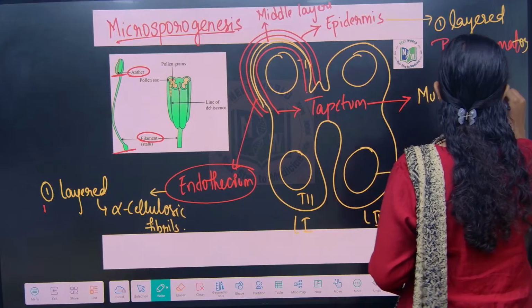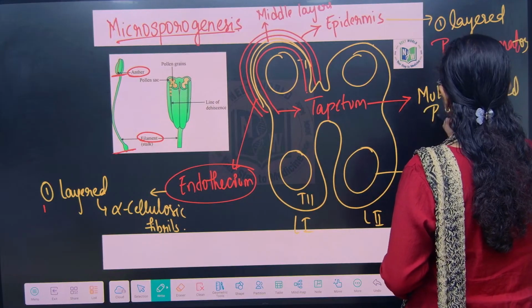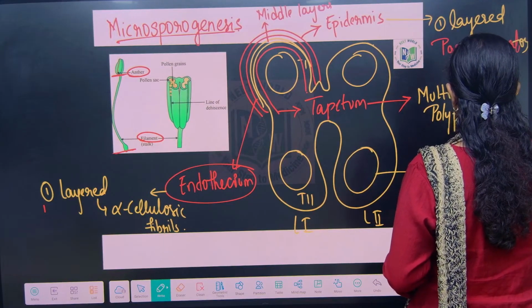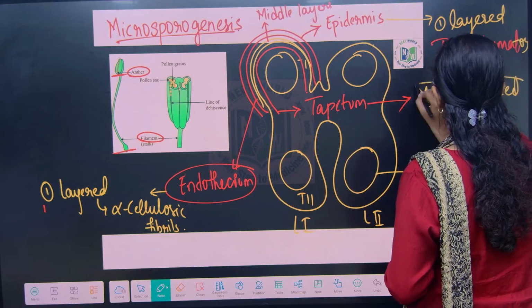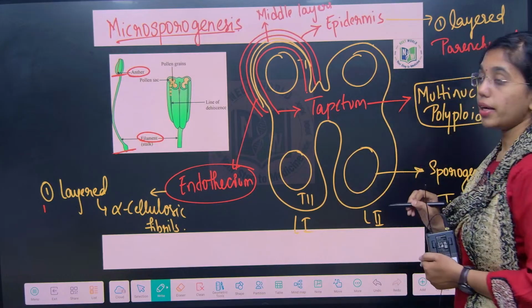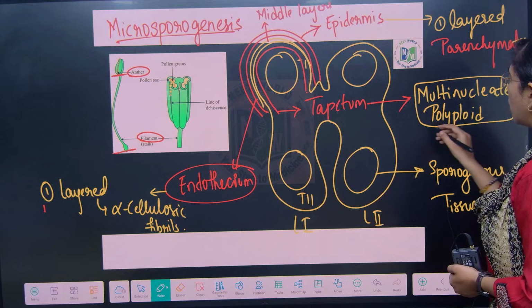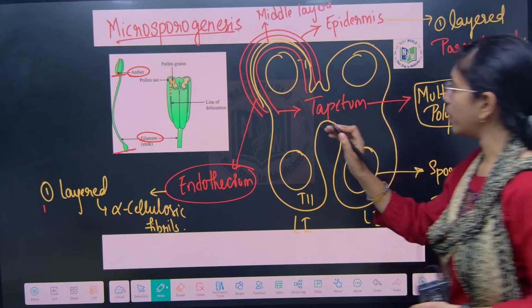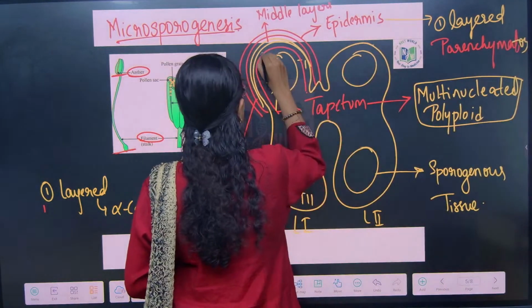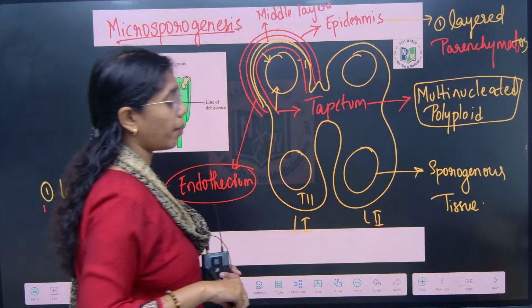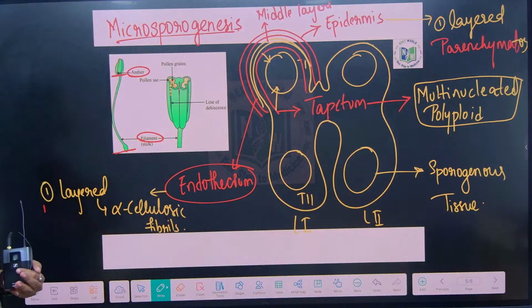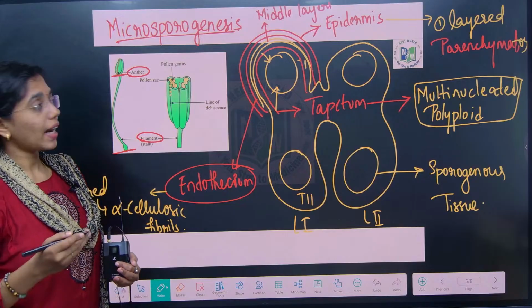It is multinucleated and polyploid because it provides nourishment to the sporogenous tissue which is present at the center.